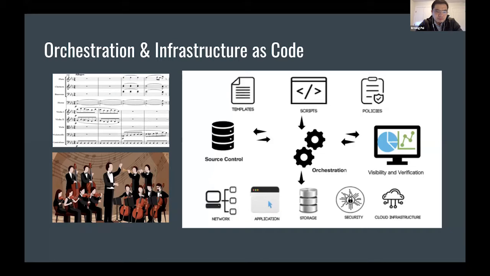Similarly, in cloud, there are so many services, as the right hand picture shows. If you think about yourself as a conductor, you don't want to start services by hand one by one, right?